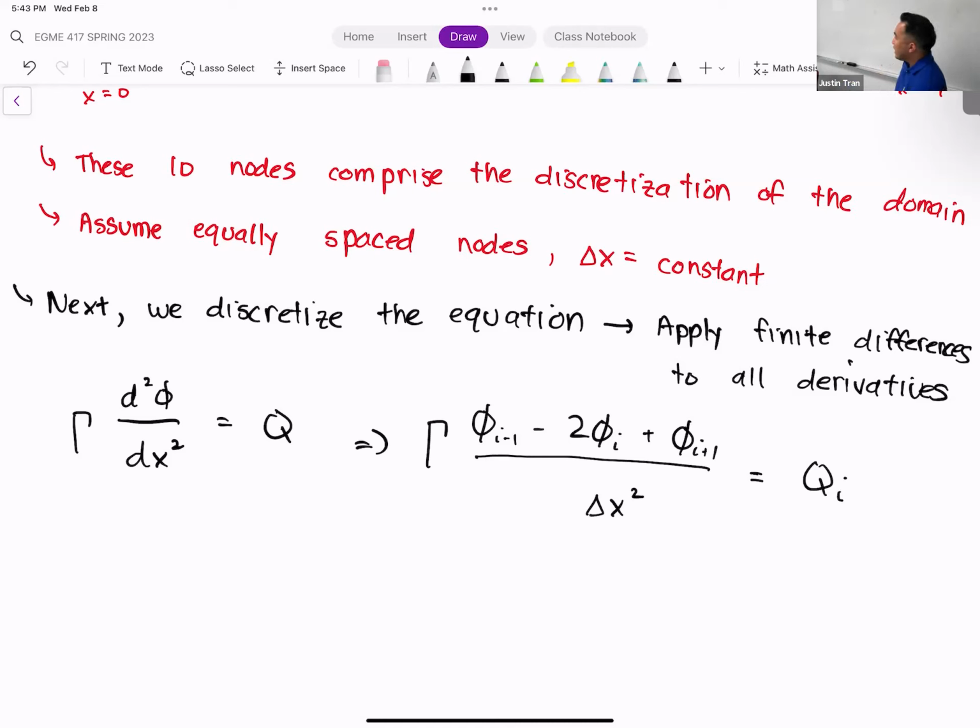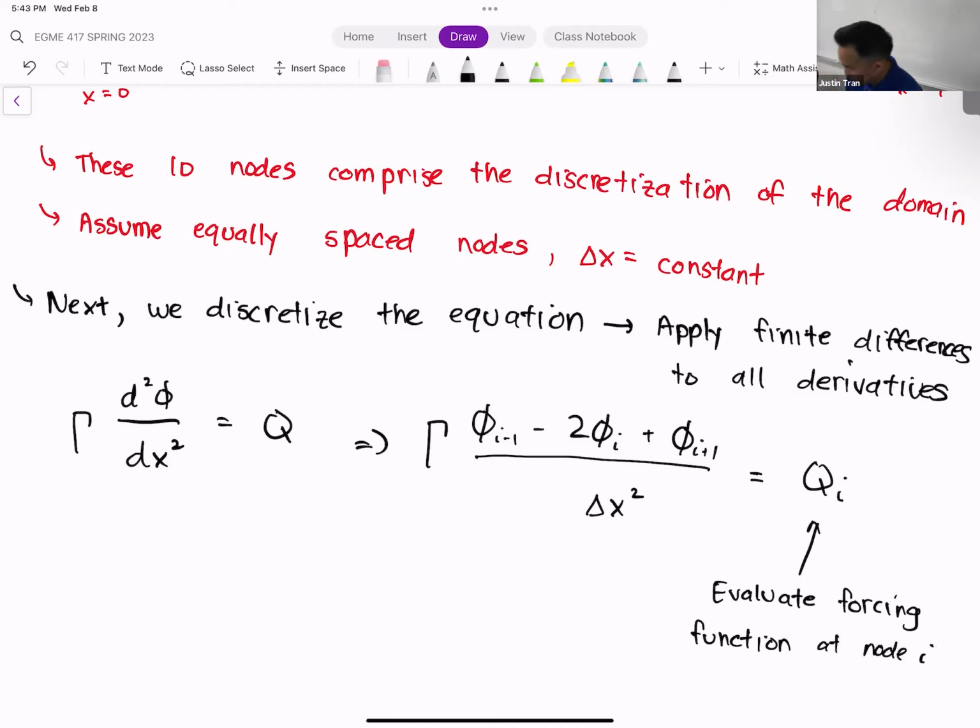And then on the right-hand side, we have q sub I. The reason I put a subscript of I there is that we're going to evaluate our forcing function at that node I. And once we do the example later on, then you'll see what I mean by that.